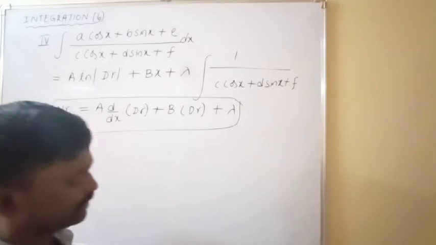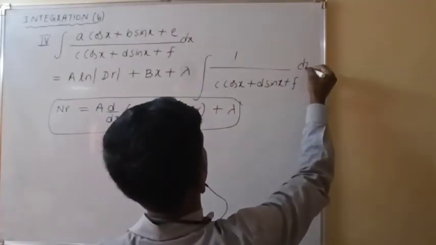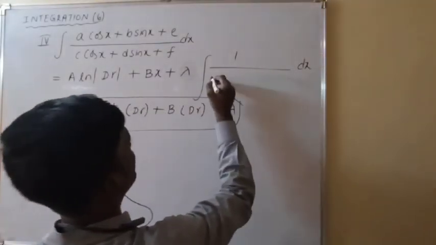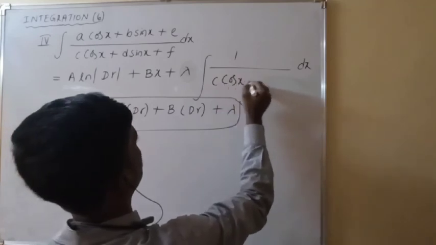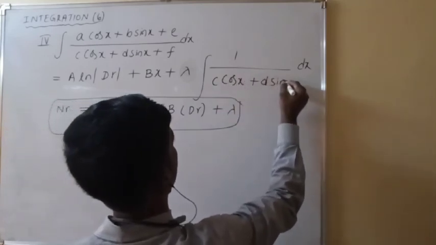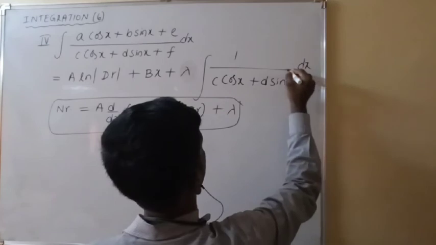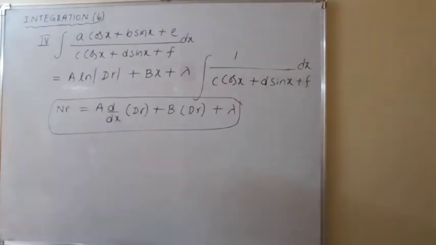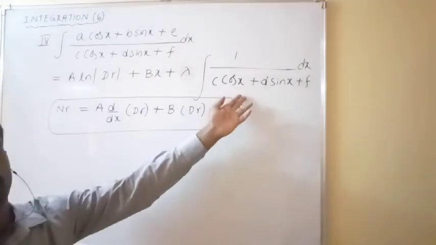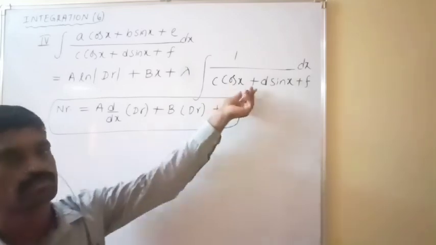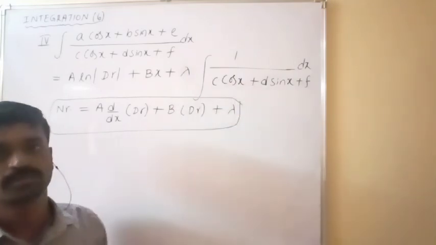So 1 upon a linear function of sin x and cos x, c cos x plus d sin x plus f. This is just like type 2 problem only. Put tan x by 2 is equal to t and we can evaluate this integral.